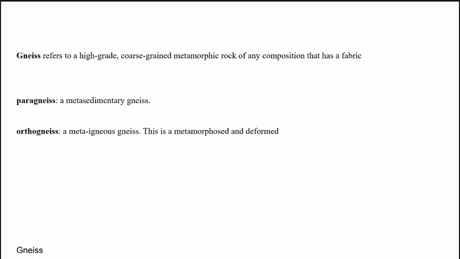It's a gneissic rock that forms from an igneous rock, while the paragneiss are those that form from sedimentary rocks. So when a granitic rock becomes highly metamorphosed into a gneiss, it is an orthogneiss because its origin is a granitic rock.